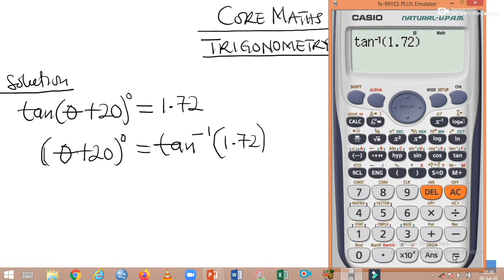Equal to. Good. So now the calculator is giving us a value of 59.82647997. Now here it is acceptable and appropriate to round your value to 4 decimal places.